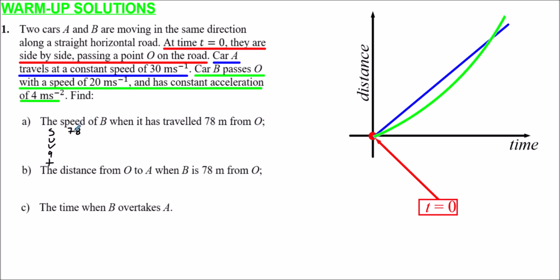Its initial speed, u, is 20, so we can put 20 there. We want the speed after it's travelled 78, so I'll put the speed as v, as a question mark. That's what we want to find. The acceleration is 4, and we don't know the time, nor are we interested for part A in the time.